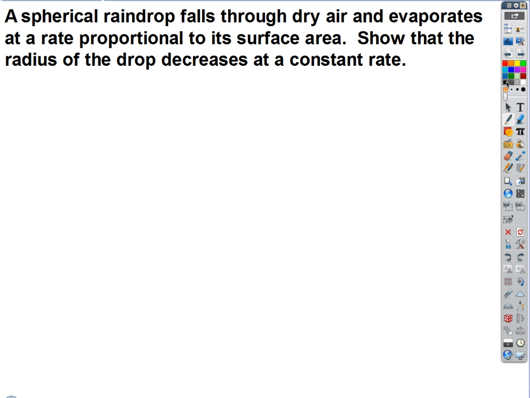So what does that mean? What's the volume of a sphere? 4/3 pi r cubed. Yes. And the surface area of a sphere is 4 pi r squared.